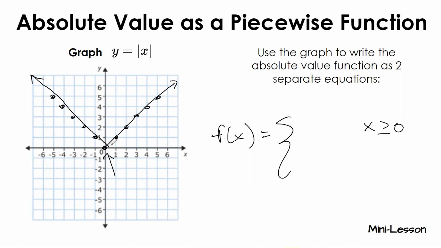Do I remember how to write linear equations? Slope and y-intercept, right? What's the y-intercept for this guy? And then what's the slope? That's rise 1, run 1, right? So that's going to have an equation of just x.